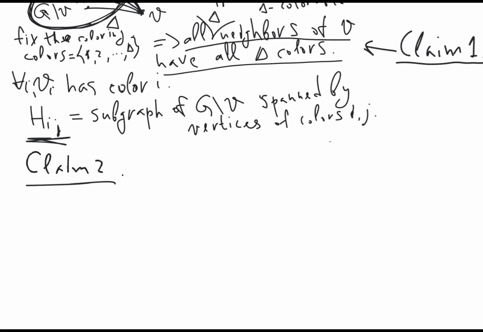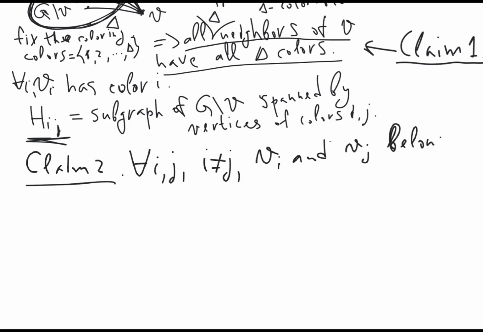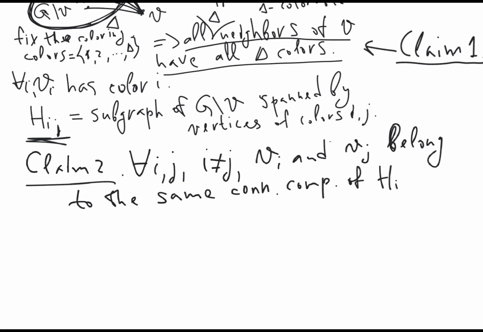So for all i, j, i not equal to j, the vertices Vi and Vj belong to the same connected component of Hij.